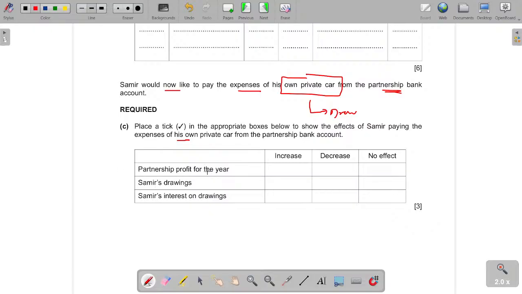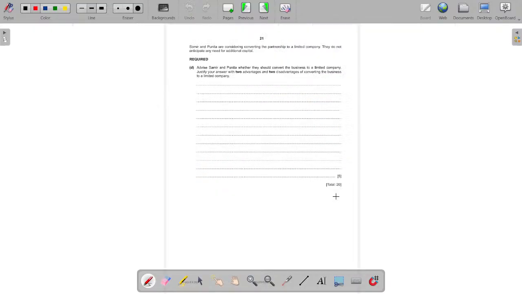Partnership profit for the year will have no impact because it is his own personal drawings. It affects only his own capital, not any profit or loss of the firm. Samir's drawings increase, and Samir's interest on drawings will also increase, as interest is calculated on the increased value. Clear? The other one is only theory, so you can give your views about it.